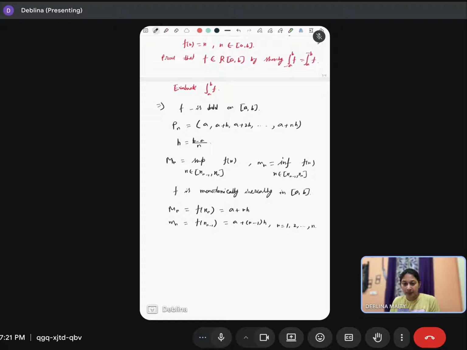Okay, now we'll calculate U(P_n, f) and L(P_n, f). So U(P_n, f) is what? This is the sum of M_r times (x_r - x_{r-1}). So the first one is (a + h) into h, and so on up to (a + nh) into h, and this will be h into the sum.